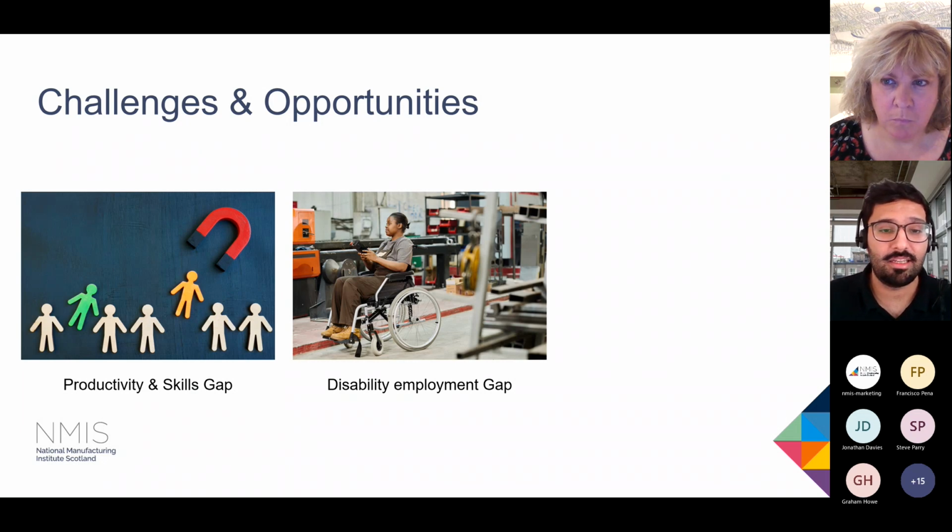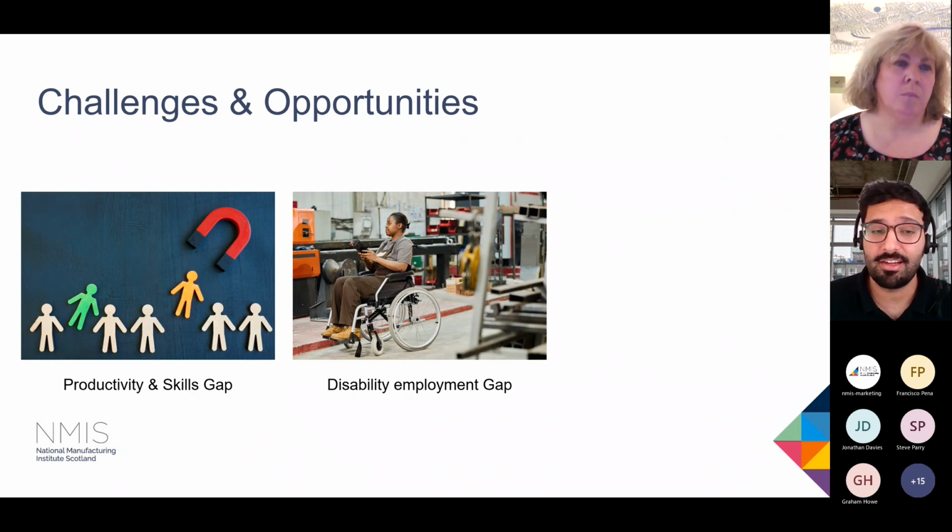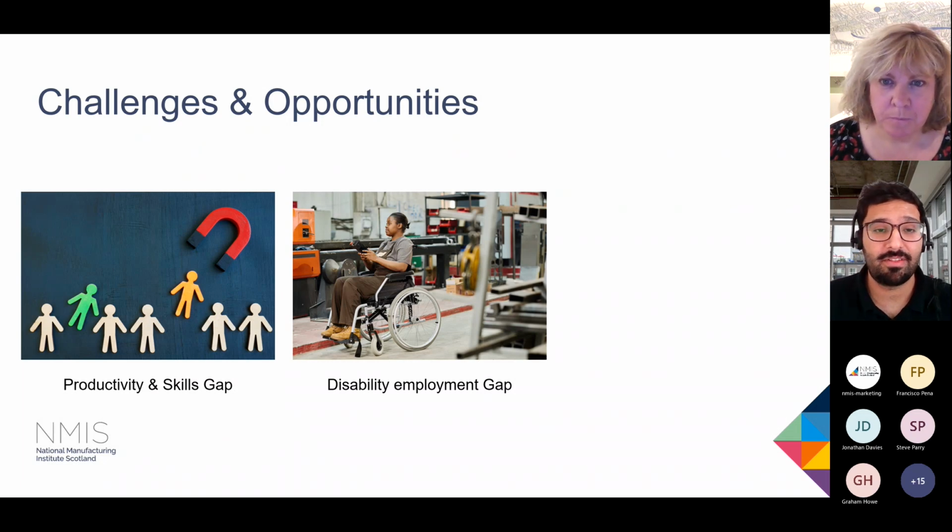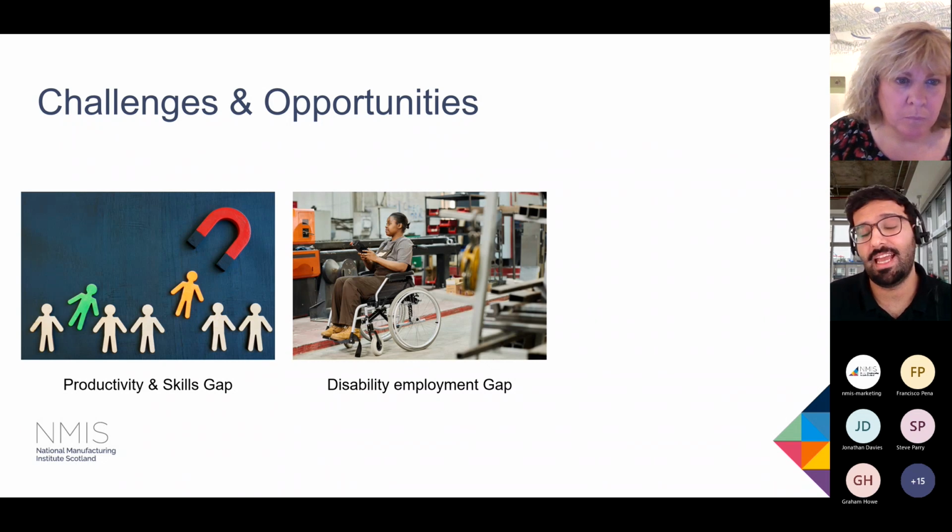Looking at the disability employment gap, currently 19% of people in the UK consider themselves to have some sort of disability, and people with disabilities are twice as likely to be unemployed. So we have one sector that's looking for talent to come in, and one demographic that's looking for work and opportunities to be part of that industry.